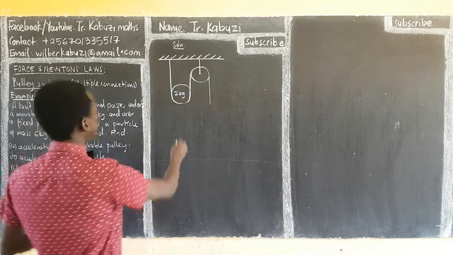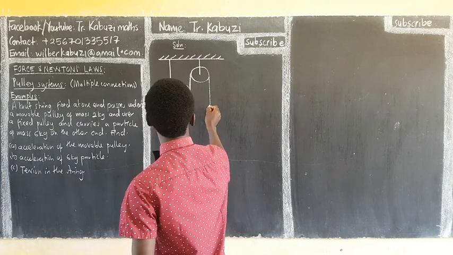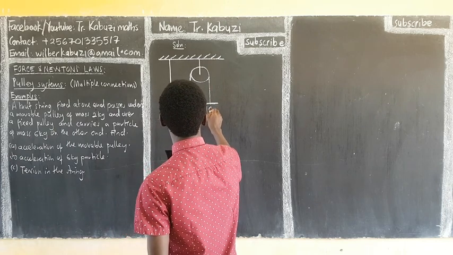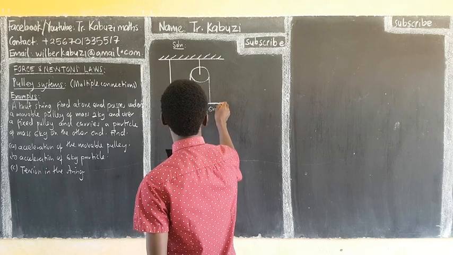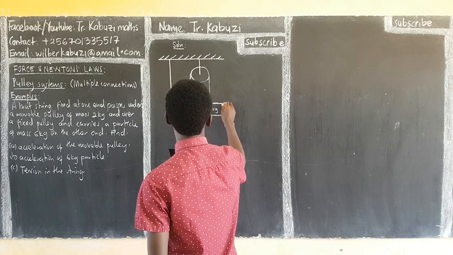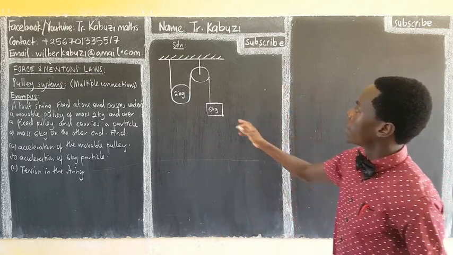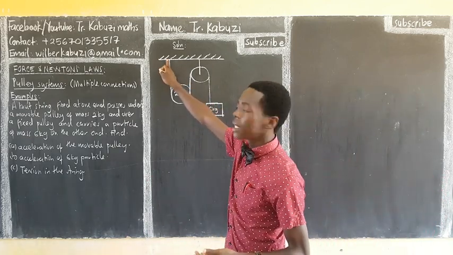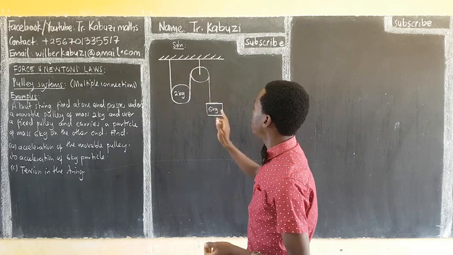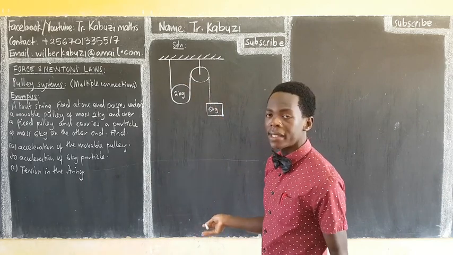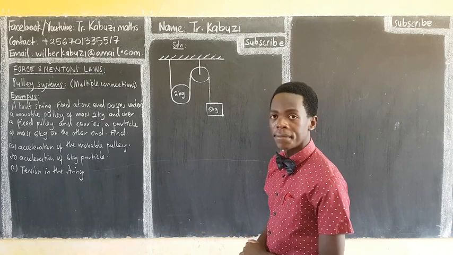And over a fixed pulley, which carries at the other end 6 kilograms. So that would be the sketch. If they don't give it, the string is fixed here and at the other end is having a 6 kilogram mass. As simple as that, and the sketch is done.